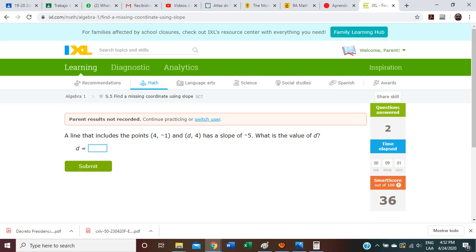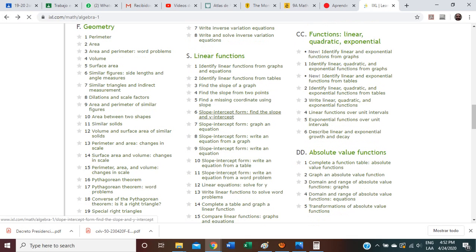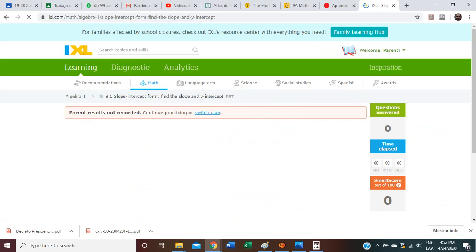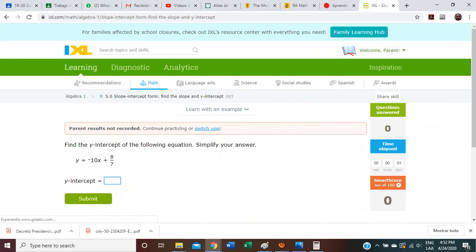All right, so now let's go to solve the S6, which is the one that you had more difficulty, and for me it was the easiest one, and you're going to see why. Okay, pay attention. If they are asking you about the y-intercept, you're going to focus on the second number. If you're asked about the slope, you're going to focus on the first number. Okay?